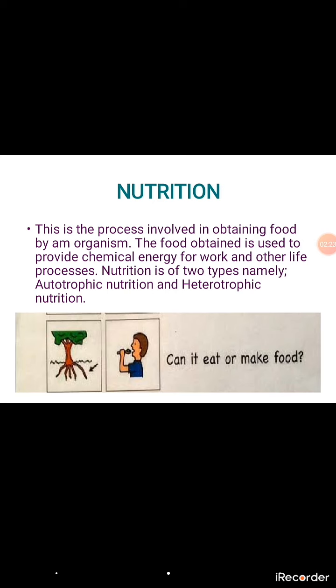While autotrophic nutrition is found in plants, heterotrophic nutrition is attributed to animals because animals cannot manufacture their food. They depend directly or indirectly on plants, while plants can manufacture their own food.